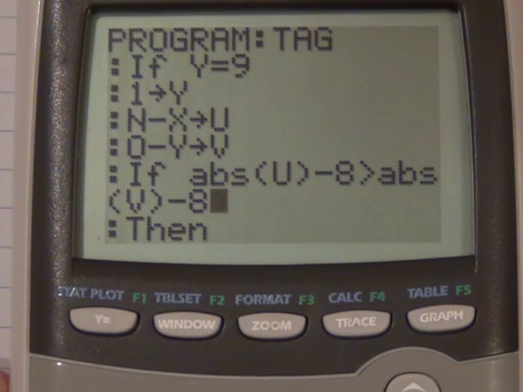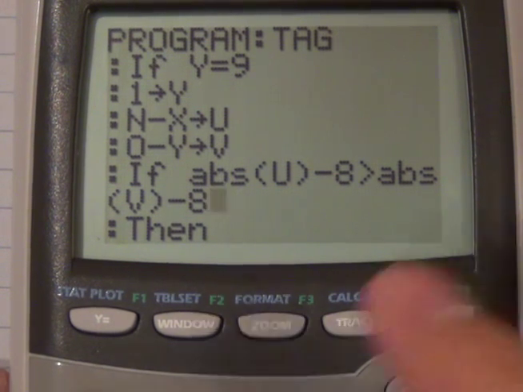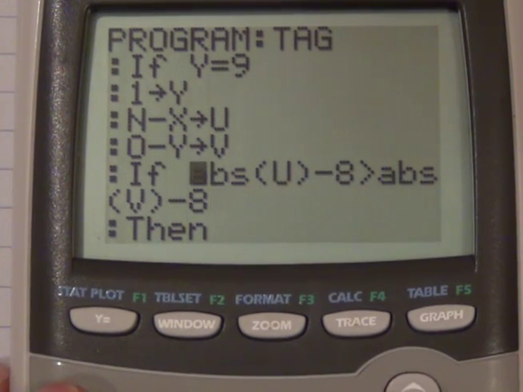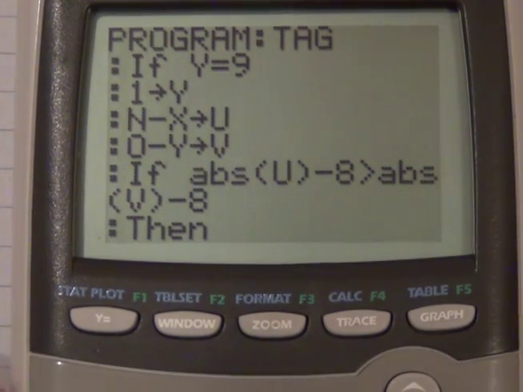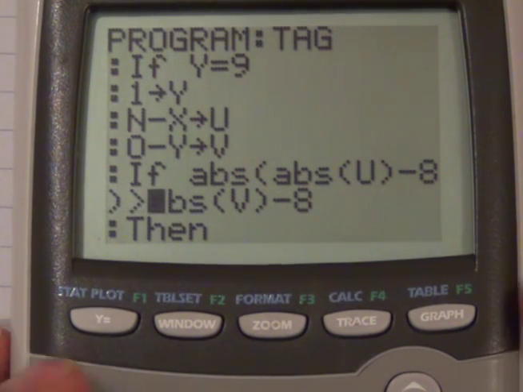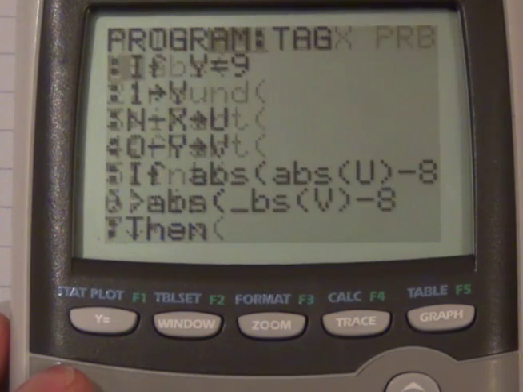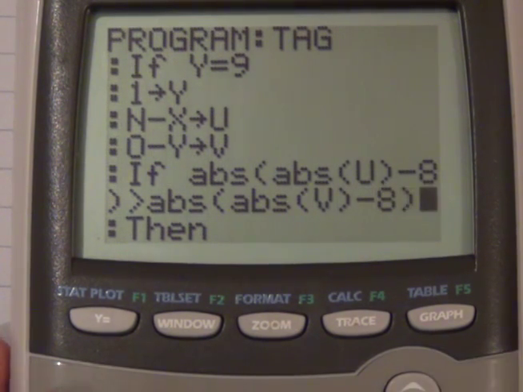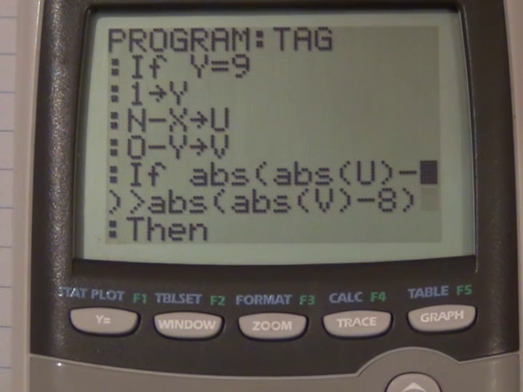And I also get 6 when I take the distance from either of those to 8, because I take the absolute value. So if I take the absolute value of the number and I take the absolute value of that minus 8, now I need to subtract 8 from it.